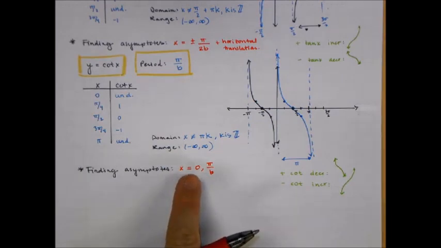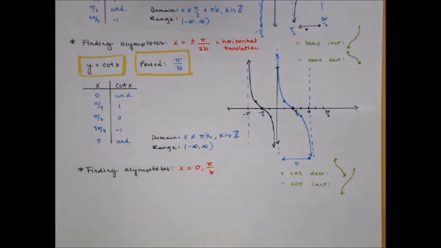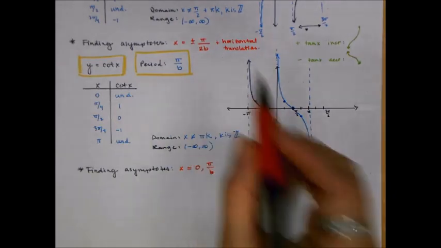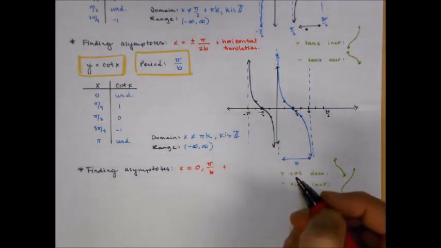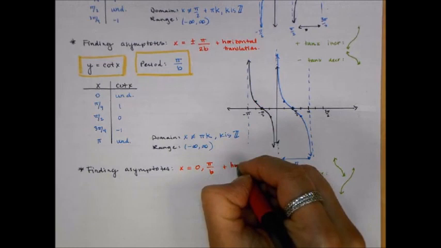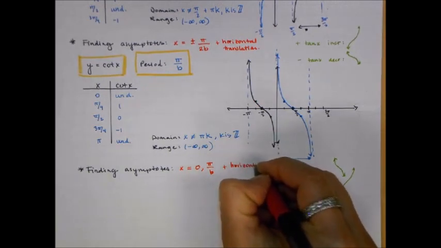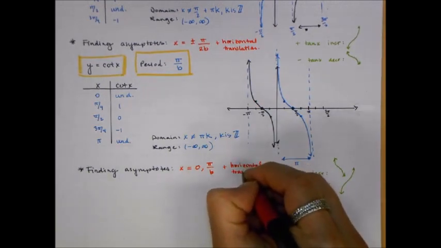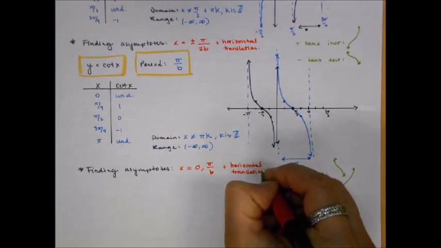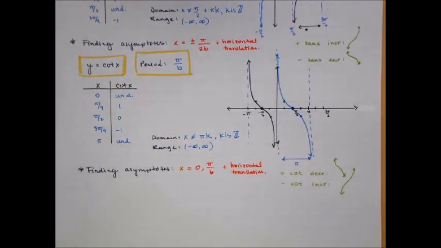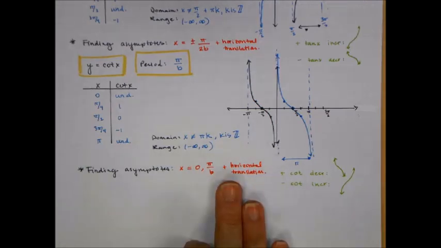Now you want to, like last time, add on the horizontal translation. So if the graph is shifted right or left, that will, of course, affect where the asymptotes end up. So we want to do one of these examples so that we can see how that happens.